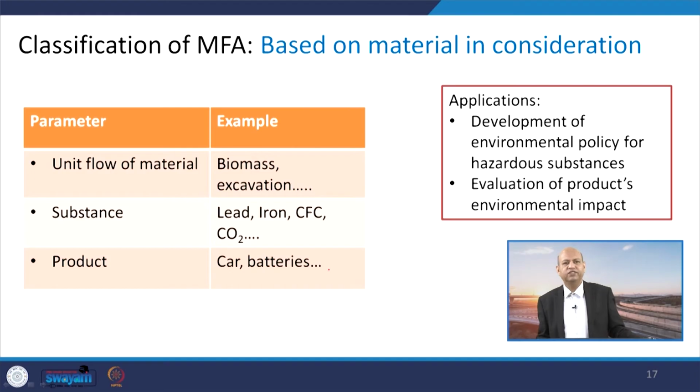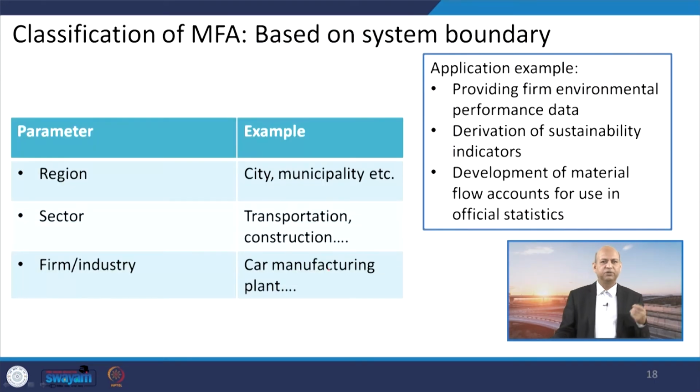When we want to classify this material flow analysis, there are different ways or bases for that. If you are talking about unit flow material, for example in terms of biomass or evaporation, or substances like lead or iron or CFCs or greenhouse gases, products like cars or batteries. So, that way some parameters will give that line of action.